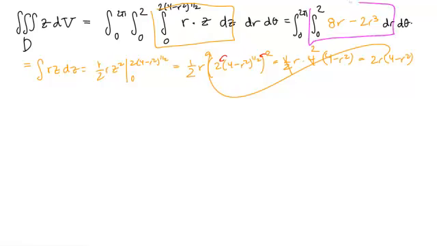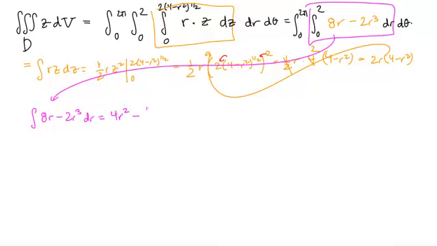So next we can focus on this integral down here. If we integrate 8r minus 2r cubed dr, we're going to get 4r squared minus 1/2 r to the 4th power, evaluated from r equals 0 to r equals 2. So that'll be plugging in 2: 4 times 4 minus 1/2 times 2 to the 4th power, which is 16, minus, plugging in 0, we just get 0.